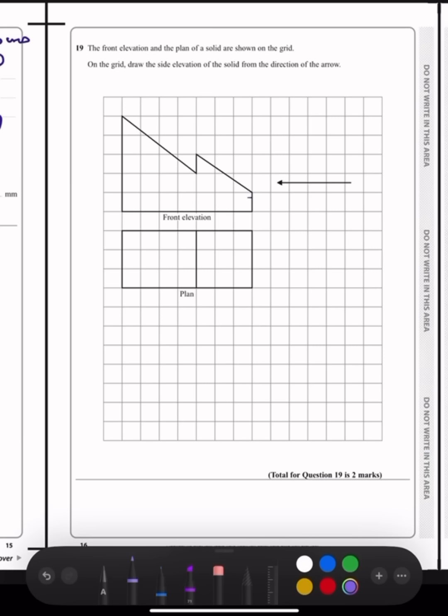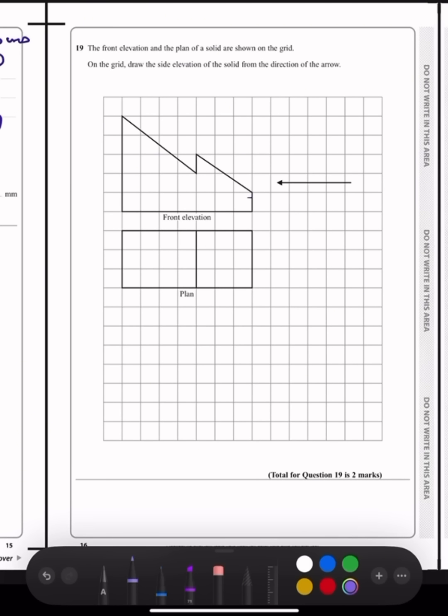So when we already have the plan, we have to draw the side elevation. They're basically asking, what can you see from the side? What we really see from the side is this pattern, so this will be your answer.